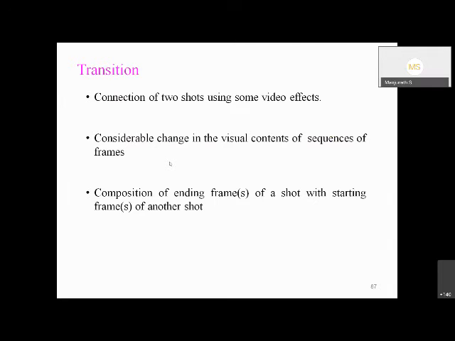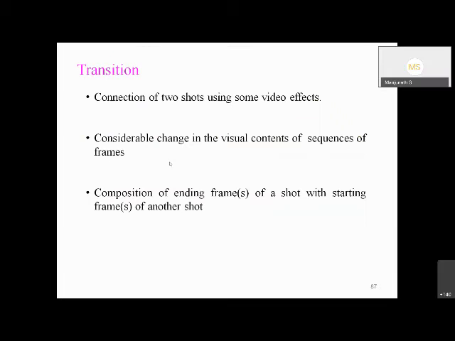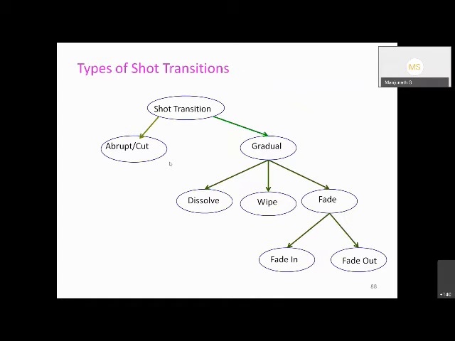In this diagram it looks very straightforward, but there is a challenge involved because we have different types of transitions. Shot transitions can be abrupt, or cut, or gradual transitions.